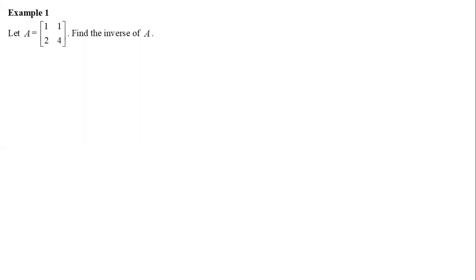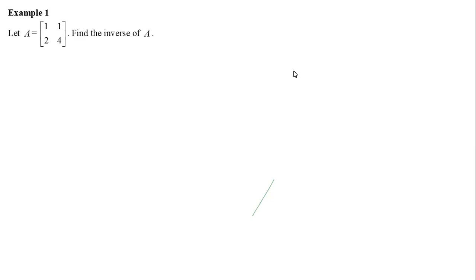Now, what is the cofactor? The cofactor of the minor. The cofactor will be plus 4, minus 2, minus 1, plus 1. It goes plus minus minus plus.